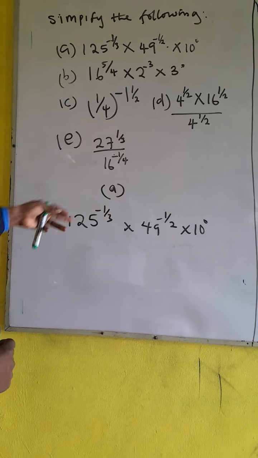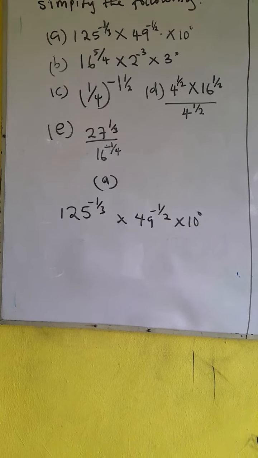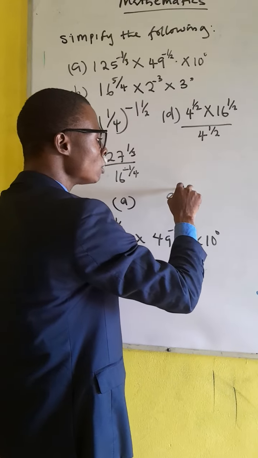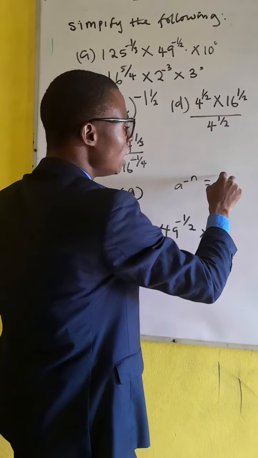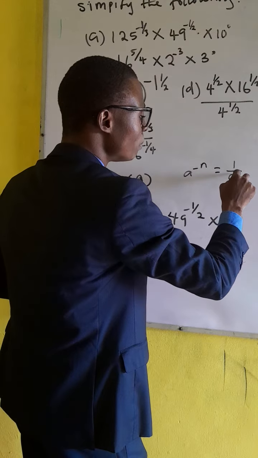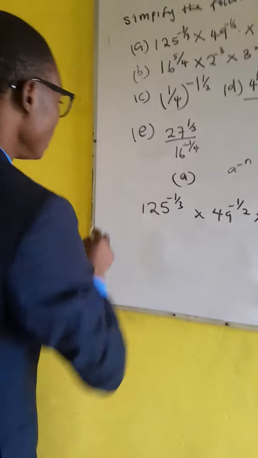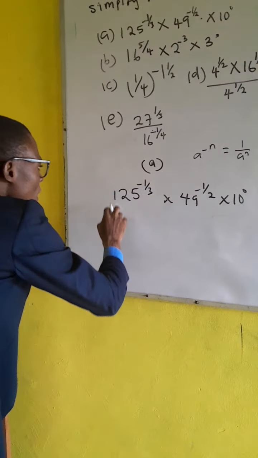First of all, we look at the negative index law that says that if I have a raised to the power of minus n, I should write it as 1 all over a raised to the power of n. Now we're going to apply it here.